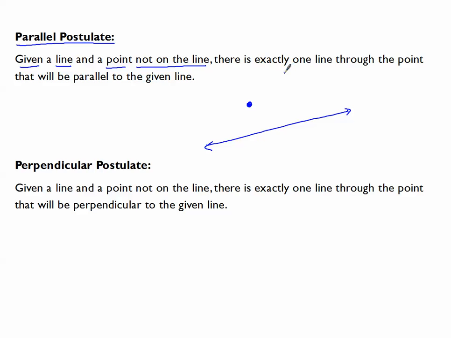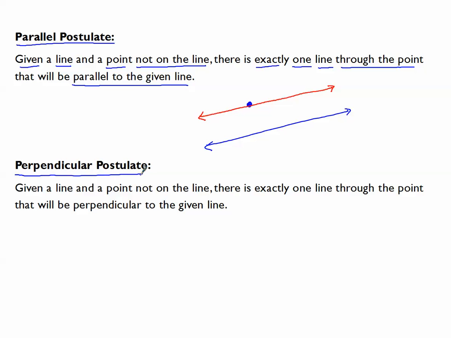There must be exactly one line through that point that will be parallel to the given line. What does that mean? I can draw lots of lines through this point. I can draw a line like this, or a line like this, or a line like this, but there is only one possible line that I can draw that will be going in the same direction, never intersecting this other line. Seems pretty straightforward, which is why it's a postulate. Postulates are accepted without proof.